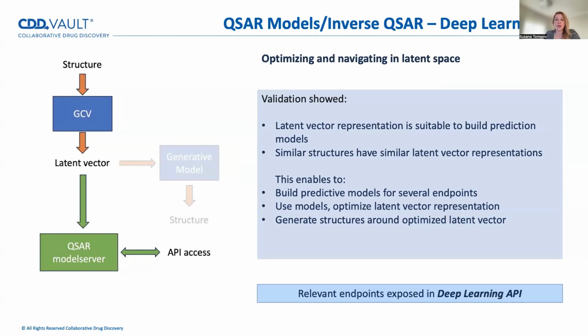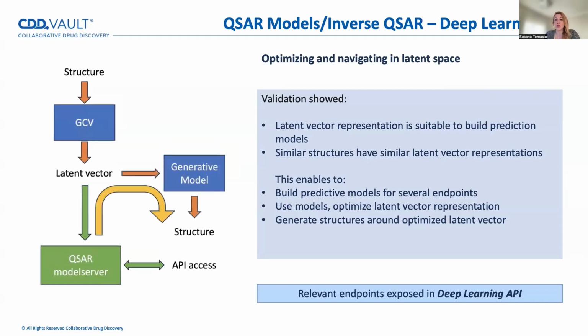Another interesting application is for inverse QSAR. The idea is if we start building a model, and if we have a structure and a solubility model, for example, we can then modify this numerical representation of the molecule to optimize the solubility.